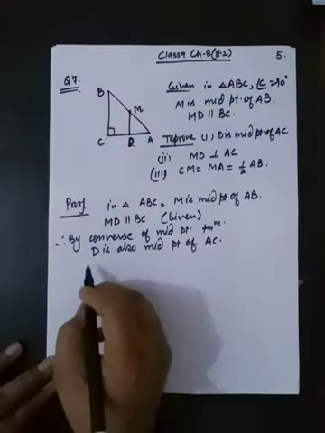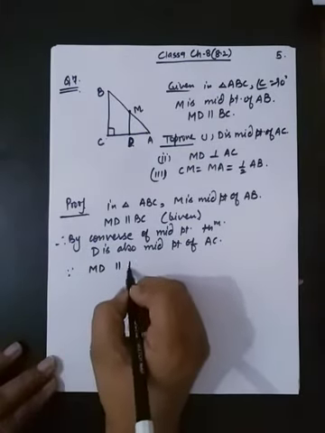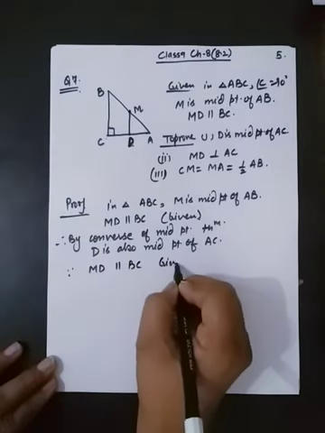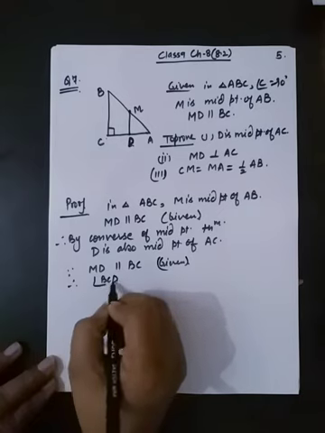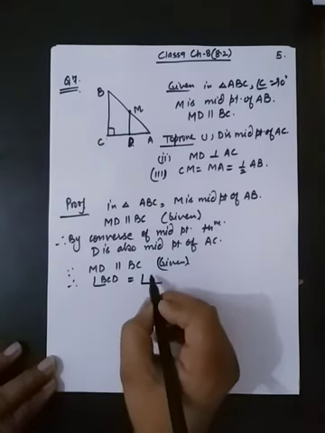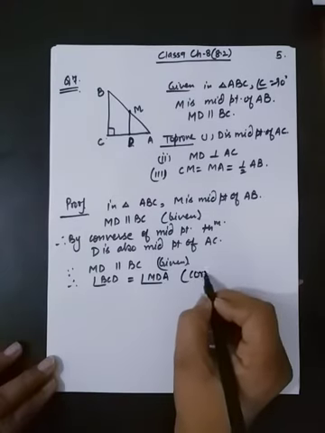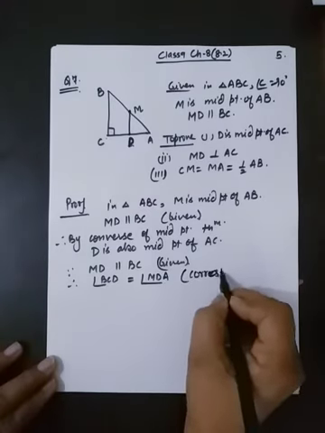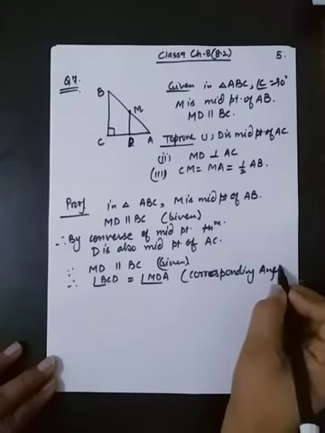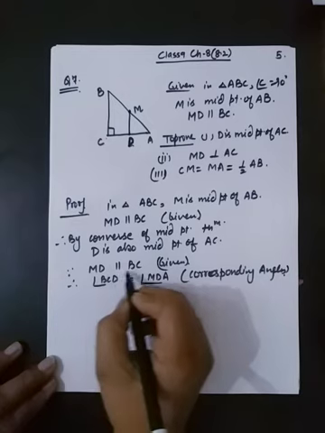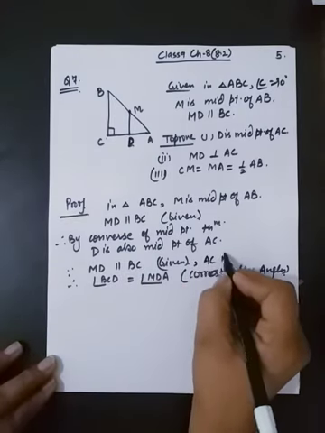And because MD parallel to BC is given, therefore angle BCD is equal to angle MDA. Why these two angles are equal? Because these are corresponding angles. MD parallel to BC is given and AC is transversal.